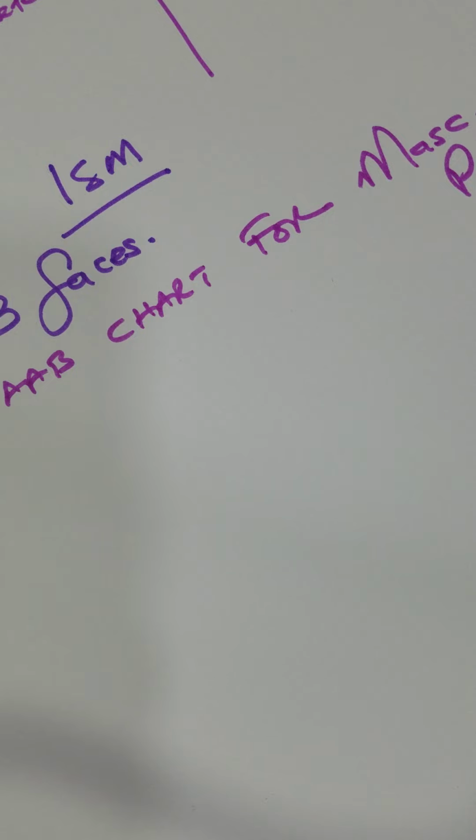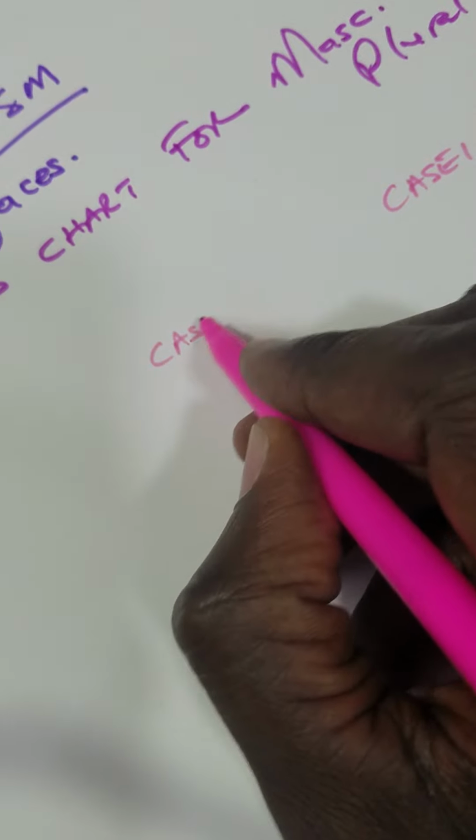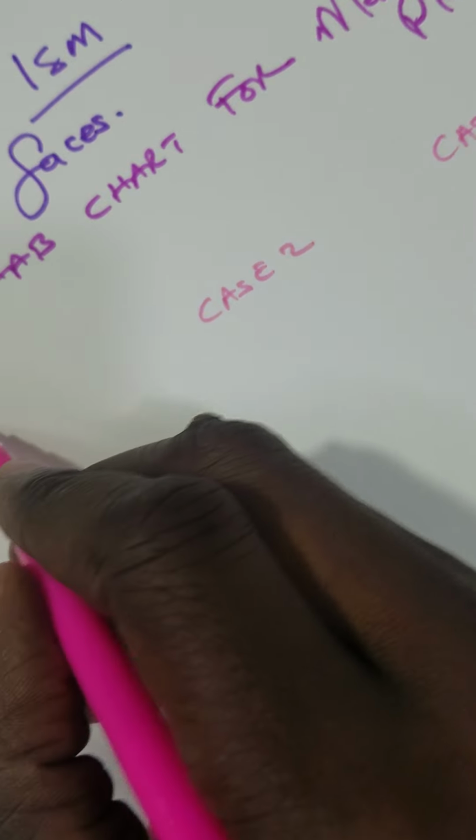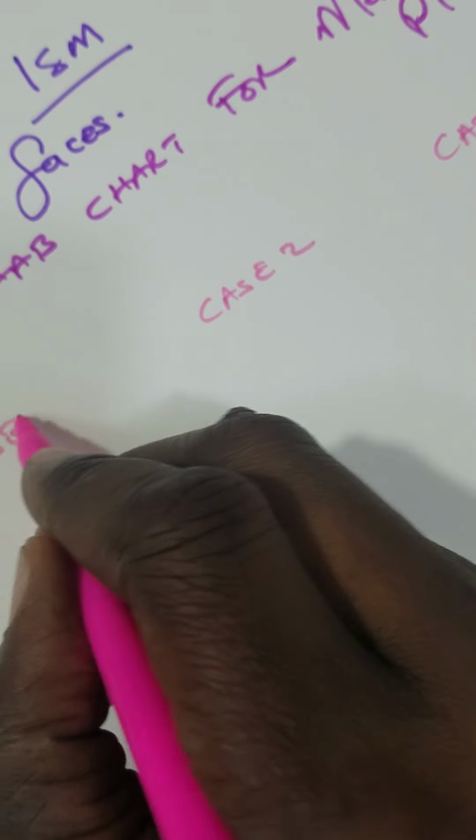We have said we are going to have a chart, so we shall have case 1, and we shall have case 2, and we shall have case 3. And remember, we said that in this language, an isim can be presented in 3 different ways.